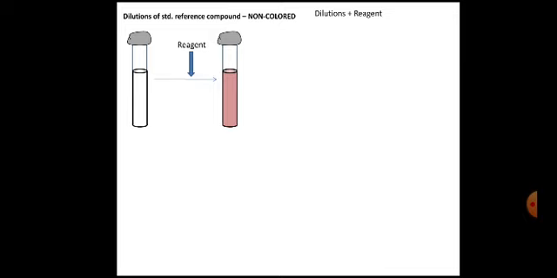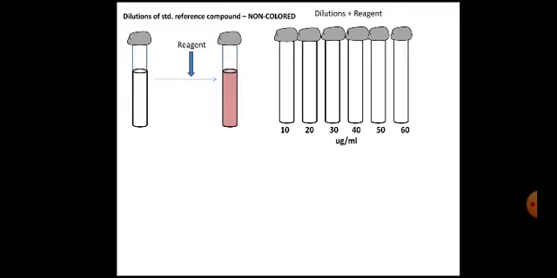The first step in that will be, we must have a standard reference compound which is non-colored. That standard reference compound must first be diluted as we have seen in the previous slide. So the first step is dilution, like 10 to 60 micrograms per ml, for example.